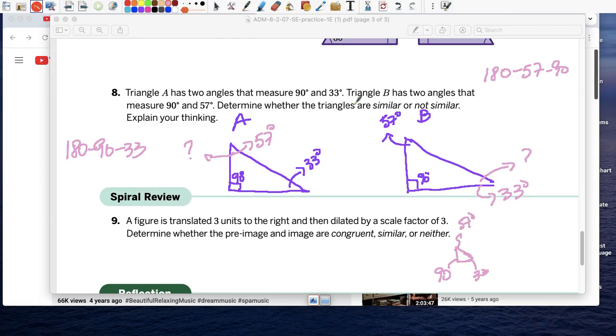So are they similar? Yes, they are. Are the sides congruent? That I don't know because I wasn't given the information. It could have been congruent if it was the same, or it could have been proportional. So let's say this was 10, this is 5, everything was a scale factor of 2 or a half.